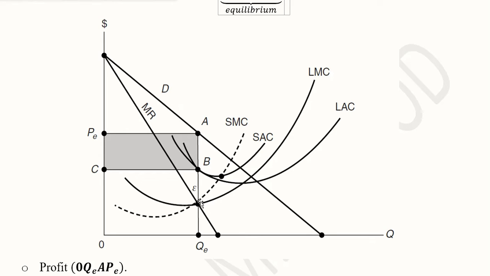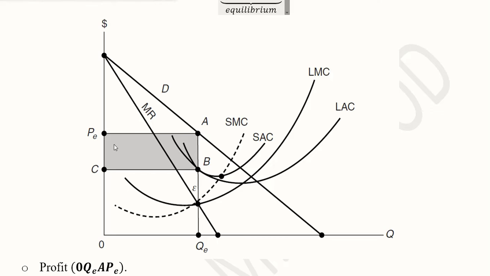Now this is the point that gives us the intersection of marginal revenue and the long-run marginal cost, giving rise to this point on the demand curve. And this will give us the equilibrium price, and this is the point on the long-run average cost curve, due to which we will consider this point as the per unit cost.